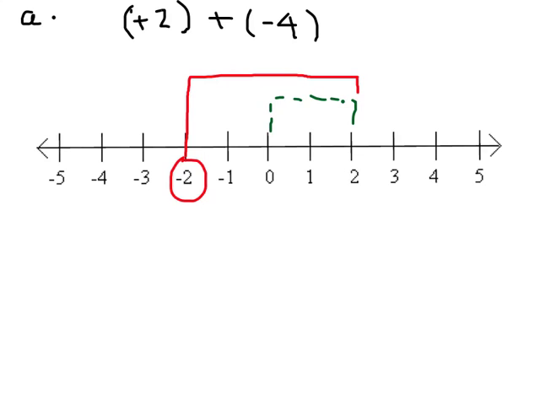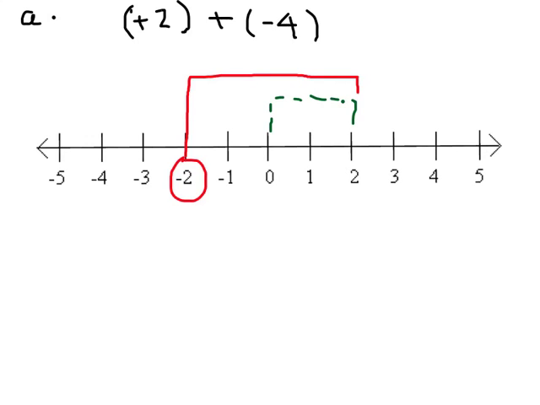Let's look at some practice problems. I've already drawn these out for you. Your book tells you to sketch these out quickly on a number line and come up with a solution. So I've done that for you, and I used different colors of ink in my pen to help you see. Green is always going to be positive, and red is going to be negative. So this is positive 2 and negative 4.